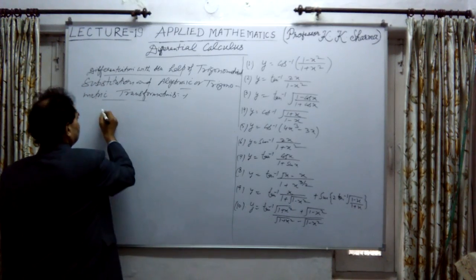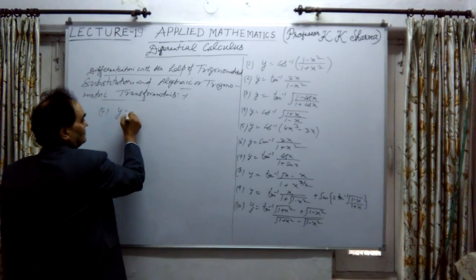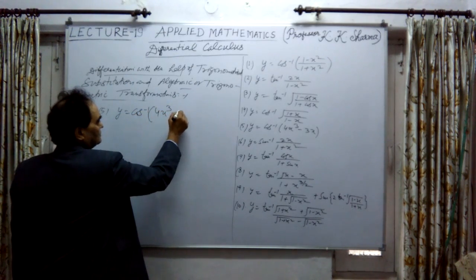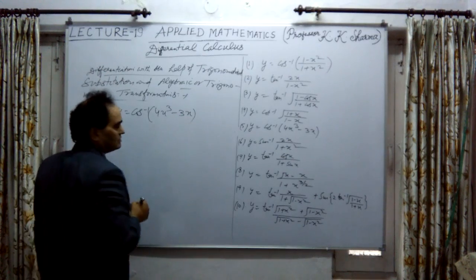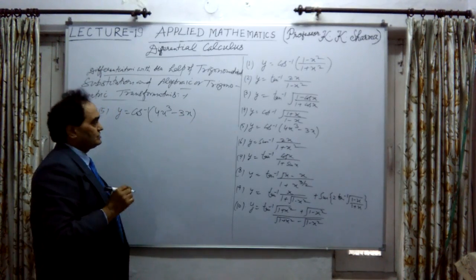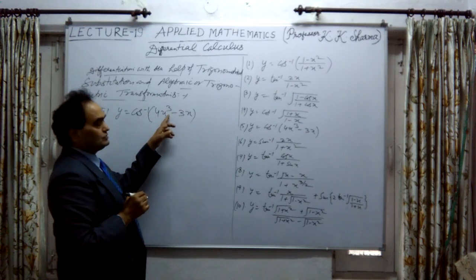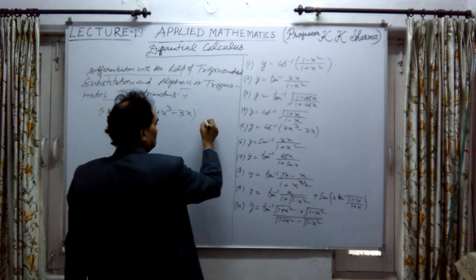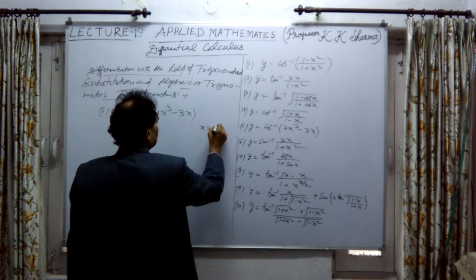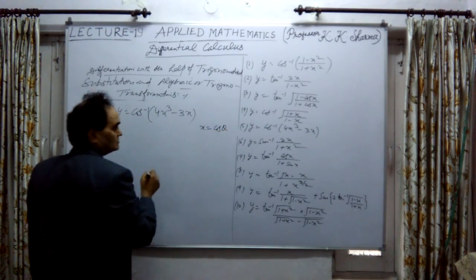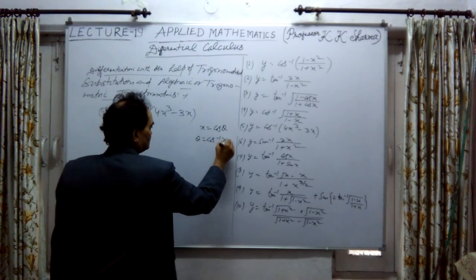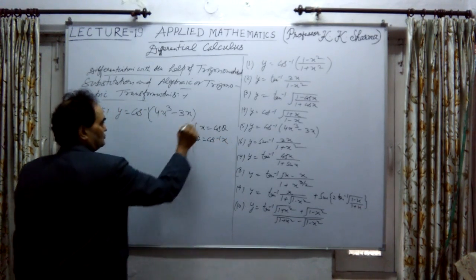For the fifth question, here y equal to cos inverse of 4x cube minus 3x. Here we have to substitute x equal to cos theta. Why? Because 4 cos cube theta minus 3 cos theta equals cos 3 theta. So put x equal to cos theta, therefore theta equals cos inverse x.